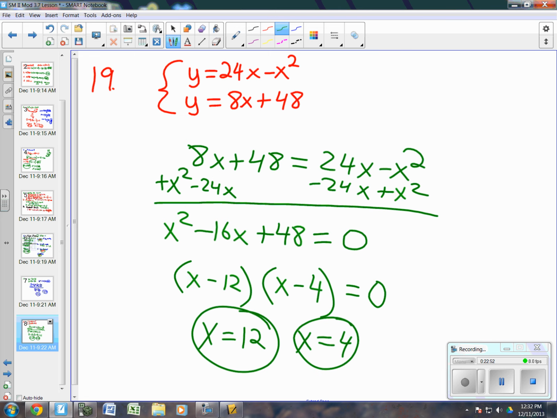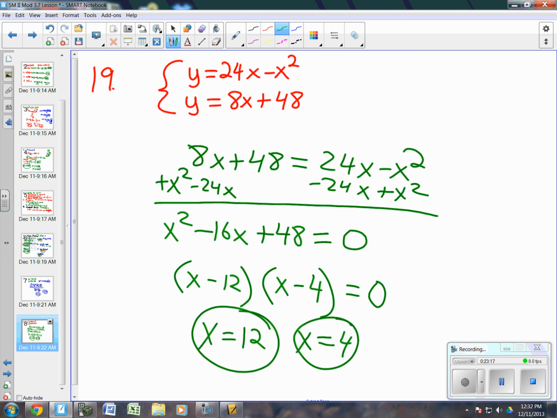Now that just gives us x. We've got to go find y, because there's more than one solution. With quadratics, you get two solutions, right? So let's plug in 4 first of all. Well, you guys, what we're looking for is the x-intercepts, right?